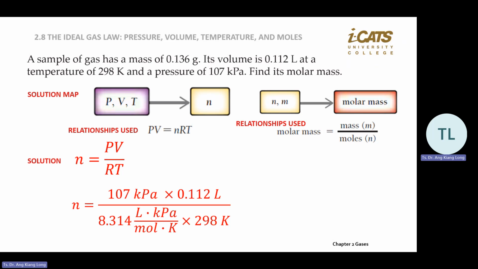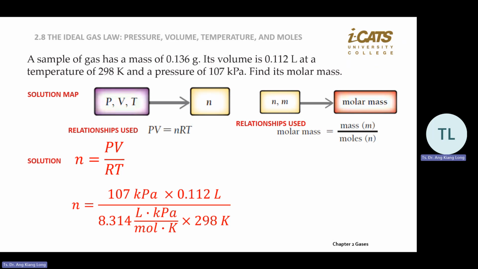It asks you to find molar mass. So how you find molar mass is you find the mole. So PV equal to nRT, you have mole. Put in the value of P, V, and R and T. So in this case, we use R as a standard, 8.314 liter kilopascal divided by mole Kelvin.